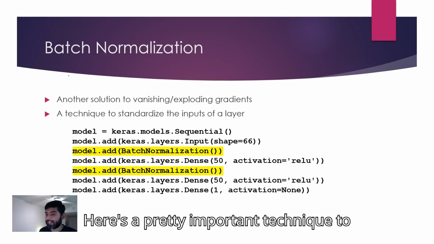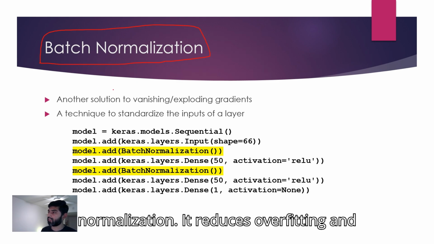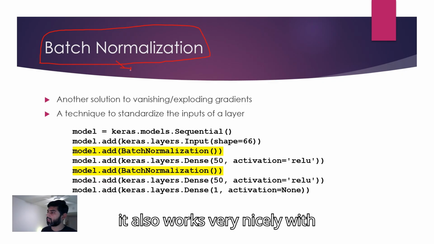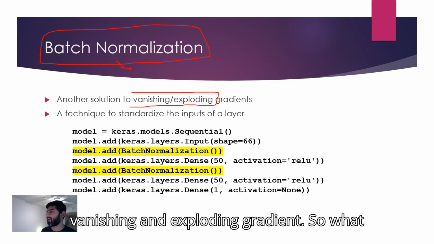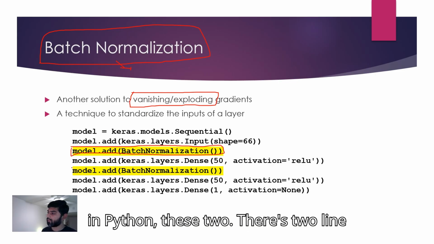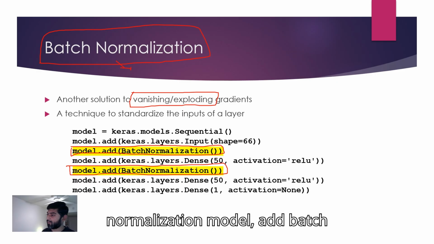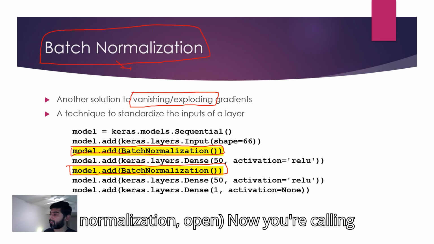Here's a pretty important technique to reduce overfitting. It's called batch normalization. It reduces overfitting, and it also works very nicely with vanishing and exploding gradients. What you do is add these 2 lines of code in Python. Pretty simple, right? Add batch normalization: model.add, BatchNormalization, open close parentheses.